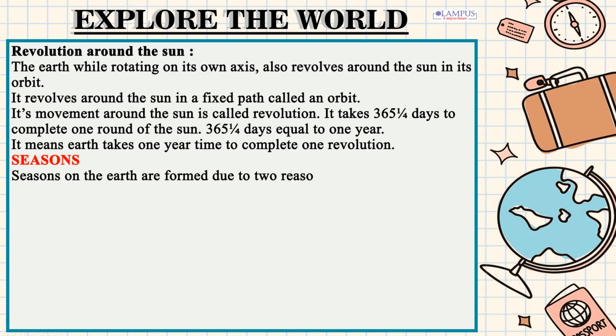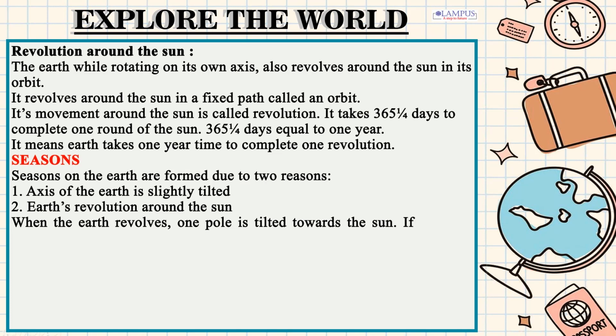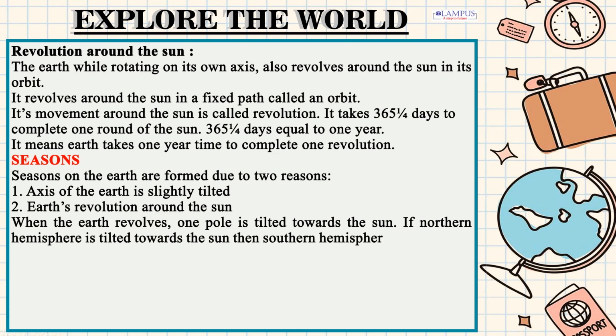Seasons. Seasons on the Earth are formed due to two reasons. 1. Axis of the Earth is slightly tilted. 2. Earth's revolution around the Sun. When the Earth revolves, one pole is tilted towards the Sun. If Northern Hemisphere is tilted towards the Sun, then Southern Hemisphere is away from the Sun.